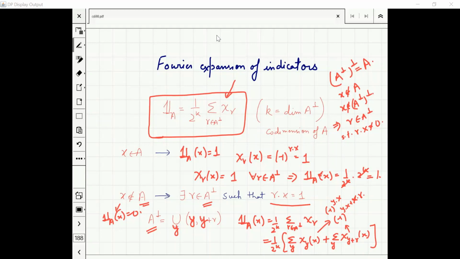Sure. So this is in general true for a subspace in F2 to the power n. If you look at any subspace of F2 to the power n, you have some subspace S, let's say S is gamma 1, gamma 2, gamma k.